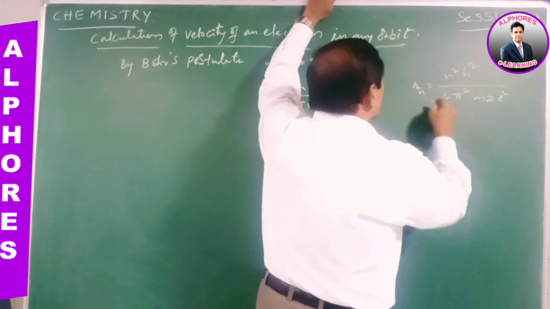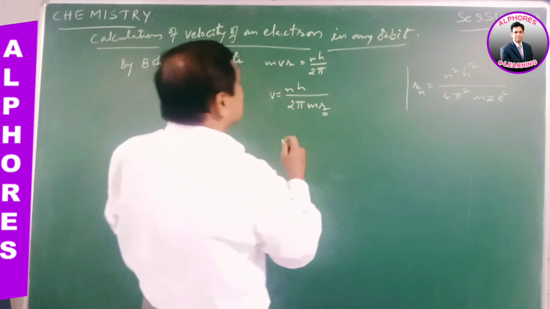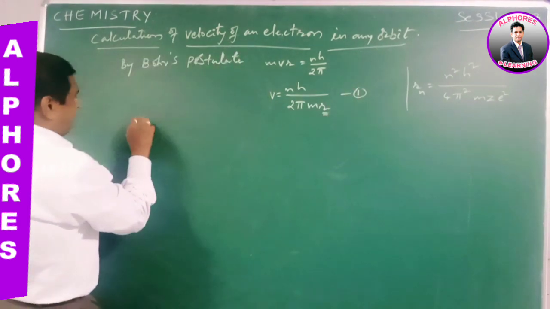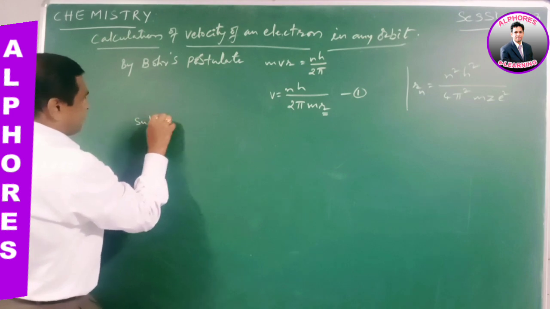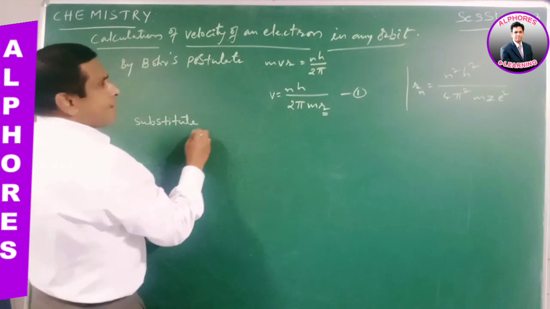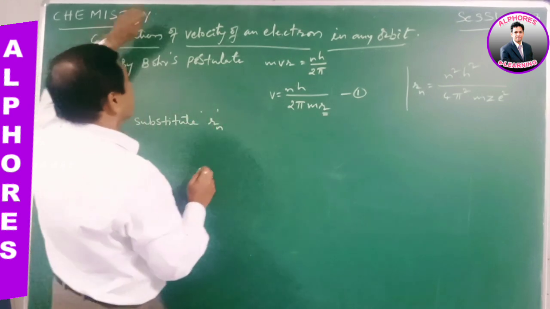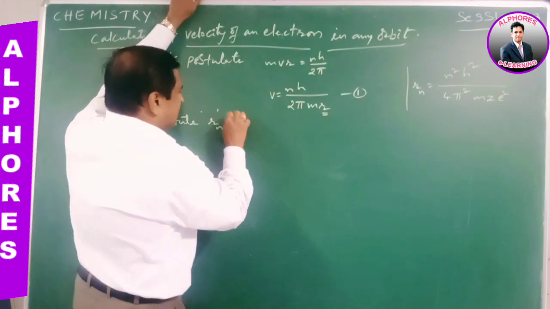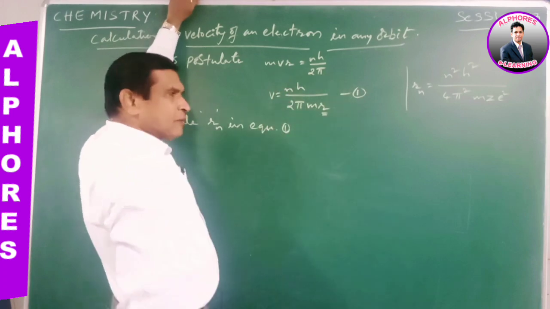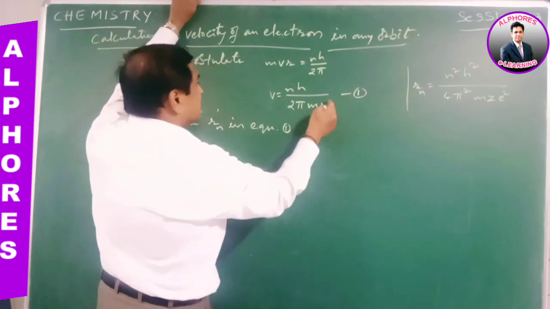Now substitute the radius of the nth orbit in the above equation, say equation 1. Substitute the r value, that is the total expression of r, in this equation.